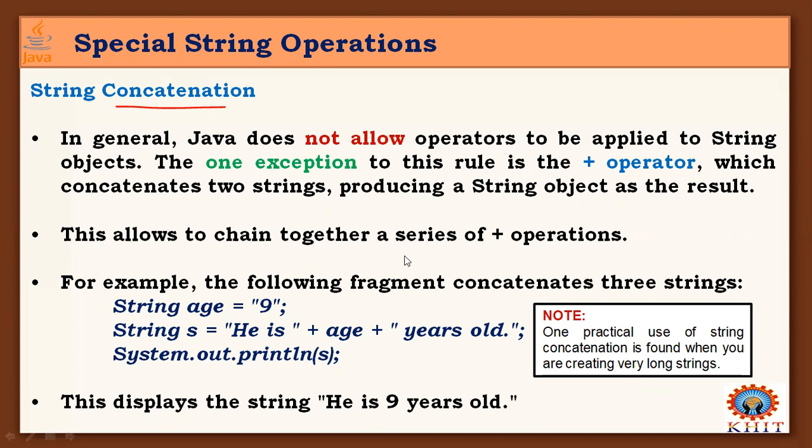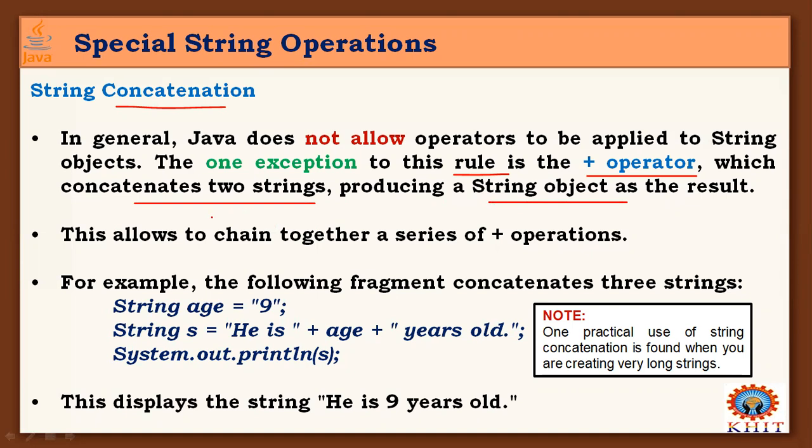But one exception is given for the operation called concatenation. By this exception, there is one rule specifically: using the plus operator to concatenate two strings and produce a new string object as a result.